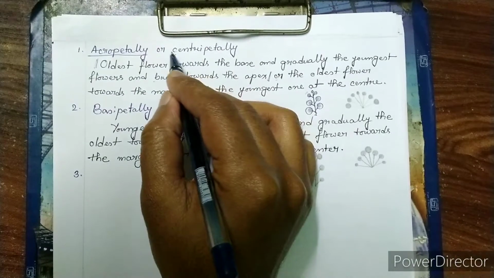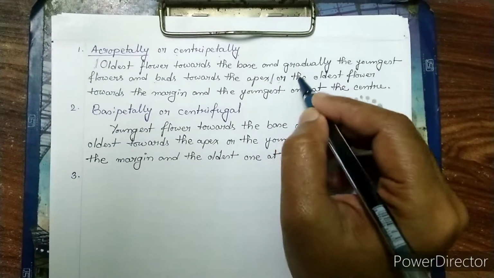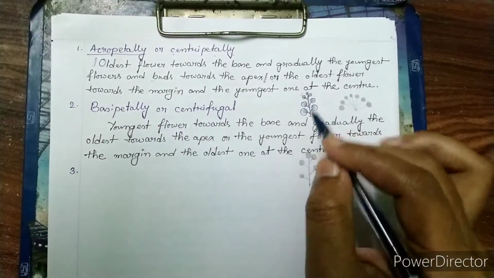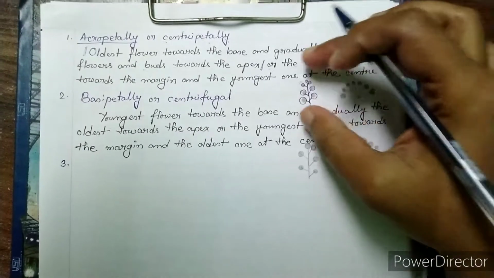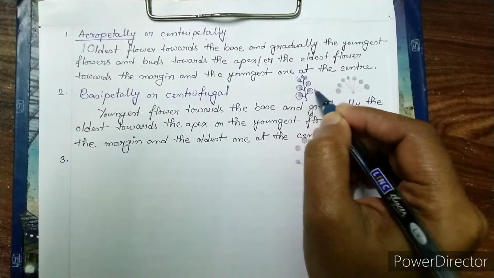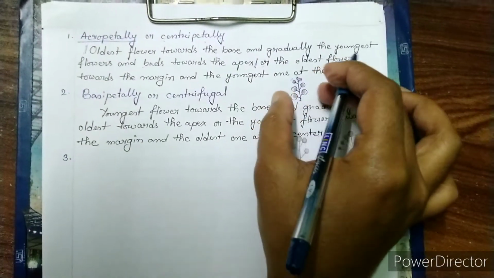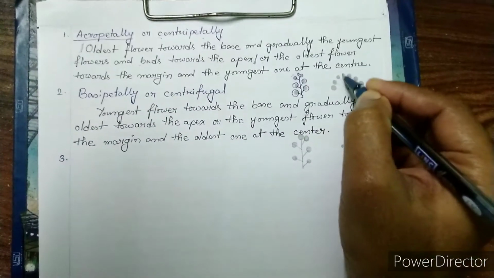Okay, now we talk about centripetally. So centripetal arrangement, what? The oldest flower is towards the margin. Like one thing you just notice, if we press this thing, then the side ones scatter from this, and this one comes into the center. Like this.